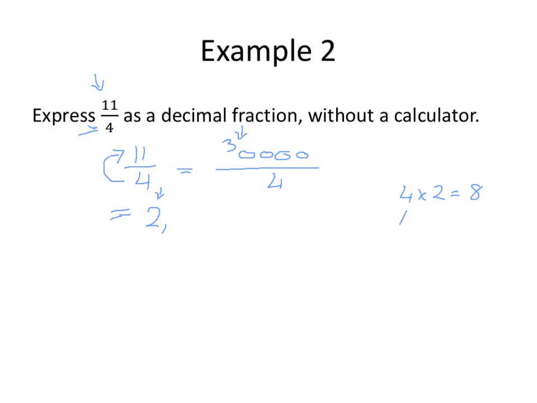How many times can 4 go into 30? Well, 4 times 7 is 28, so that goes in 7 times. Write my 7. 4 times 7 is 28, and there's a remainder of 2. Write my 2. Now that becomes 20. 4 times 5 is 20, so I write 5, and I've got no more remainders.